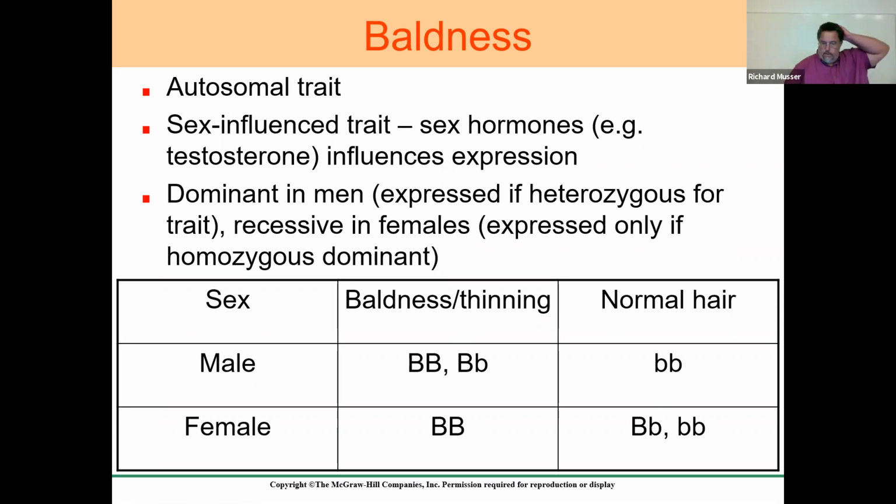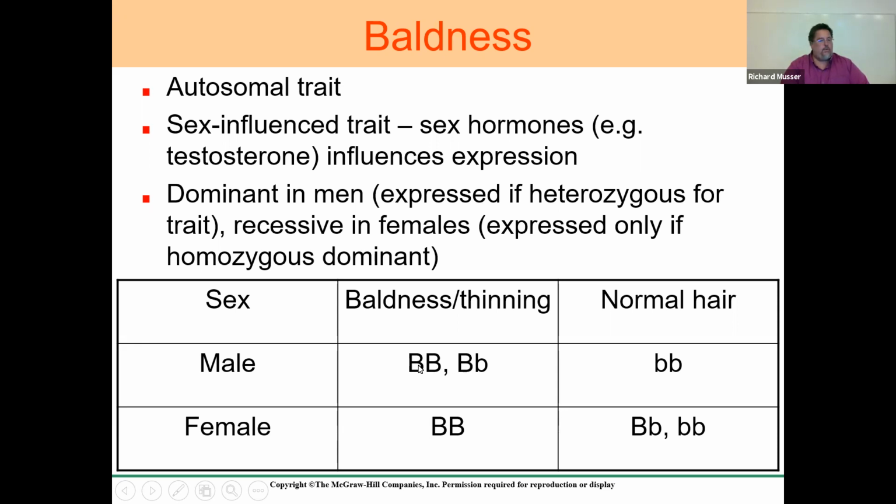So men that are homozygous recessive for baldness tend to have normal hair irrespective of their testosterone levels. While other men, if they receive the baldness allele from the mother and father, will be bald, and even if they're heterozygous, they will start to see their hair thin.